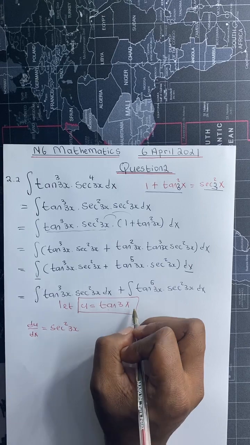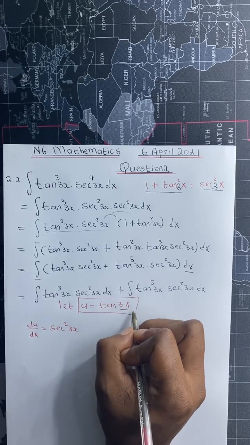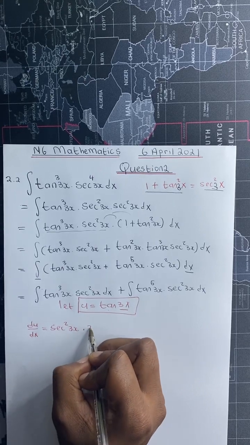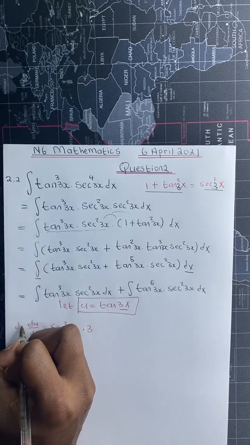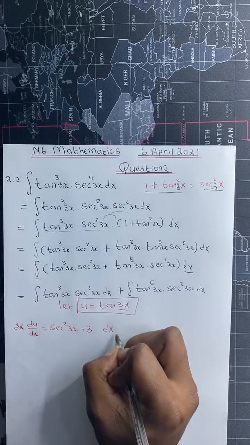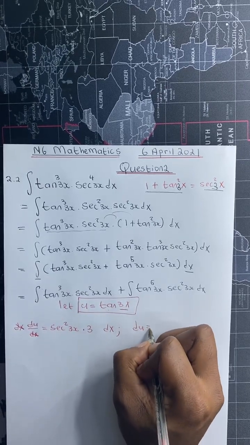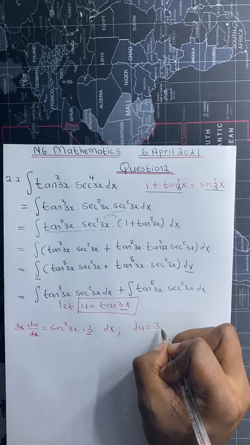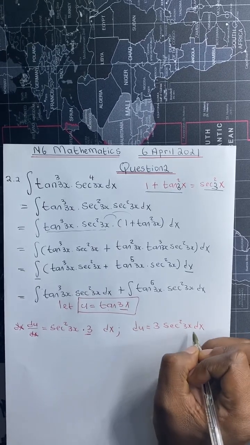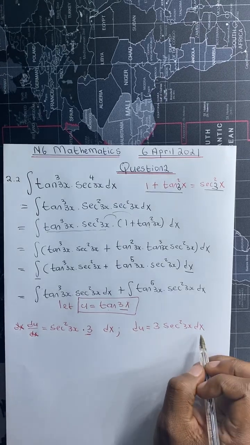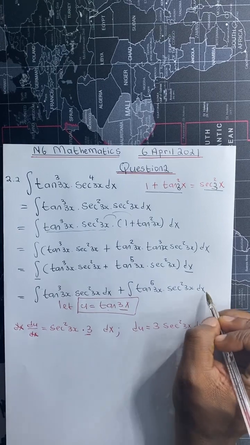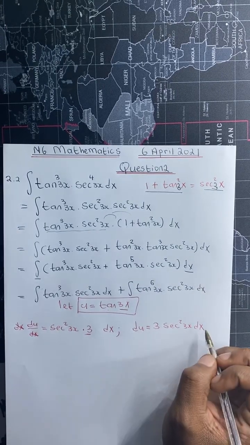According to the chain rule, we also have to differentiate the function of the function. So the derivative of 3x is 3. We multiply both sides by dx. That dx will cancel out with that dx, and du will be equal to 3 sec squared 3x dx.